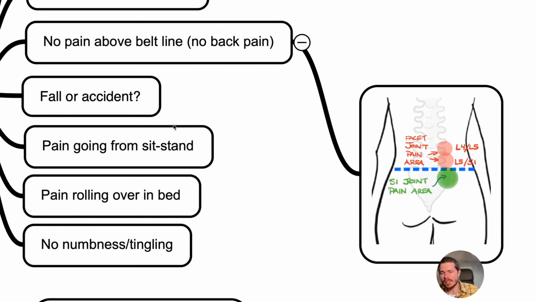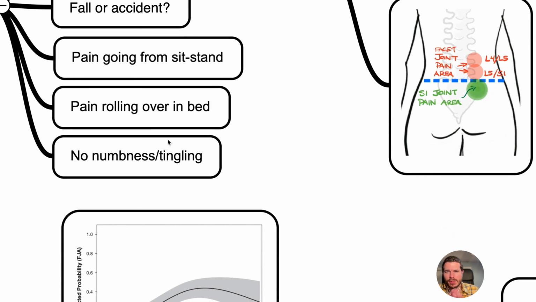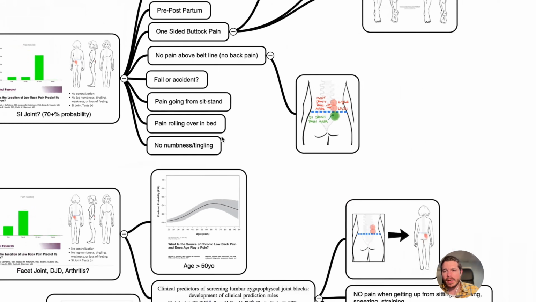Pain going from sit to stand, transitional pain. Disc problems can also cause this as well, but pain going from sit to stand is common. Pain rolling over in bed, again, or any asymmetrical movements, going upstairs sometimes even, stepping off a curb, lunging, stuff like that. And again, there's no numbness, no tingling because it's a joint. It is not a nerve.